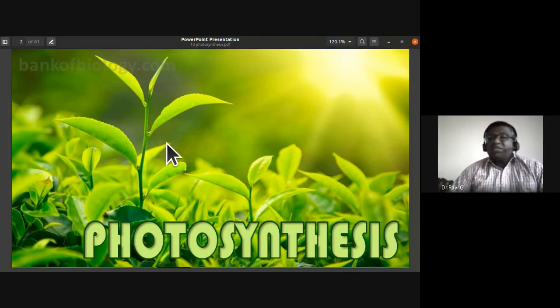Majority of life on Earth is sustained because of photosynthesis. There are chemosynthetic organisms also, but the major role for life to sustain is played through photosynthesis. That is a very, very important process that is taking place in nature.